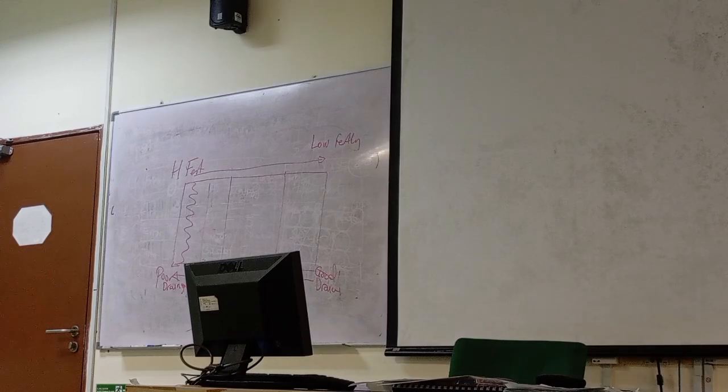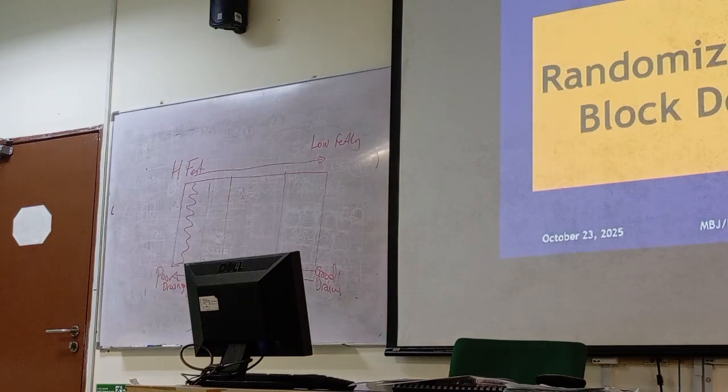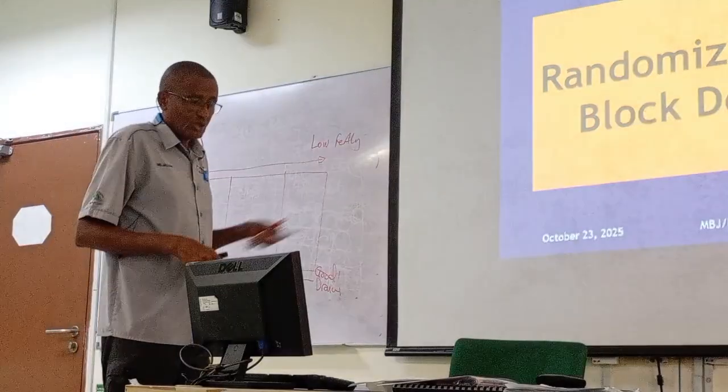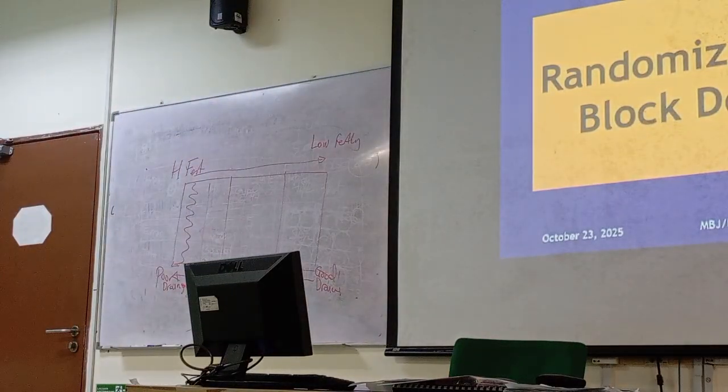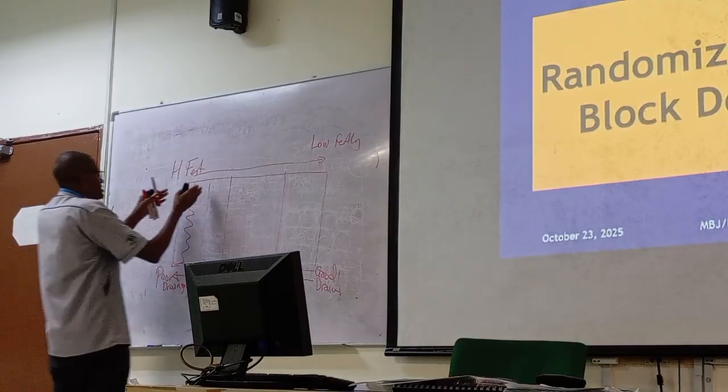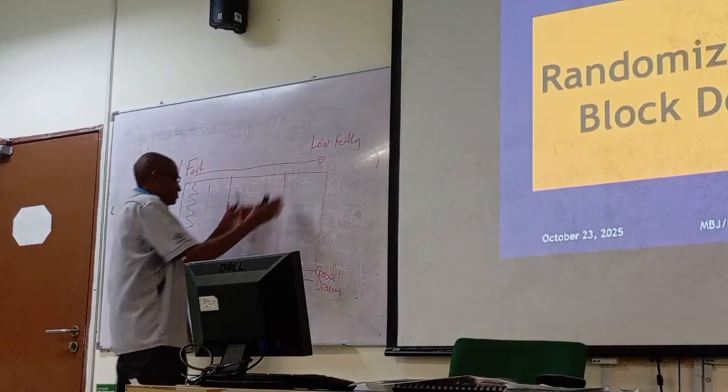We are trying to make the conditions the same. We are minimizing what happens in the field, because we don't want it to affect our treatment. We can control our treatment. But this, there is nothing we can do except blocking. By blocking, we make sure the conditions within the block are the same.